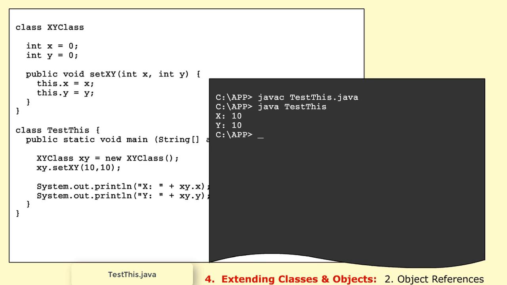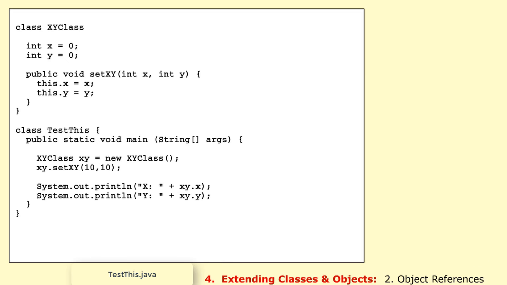Now the values are updated. Of course, we can avoid this ambiguity altogether by picking a more appropriate name for our method parameters, like new x and new y.